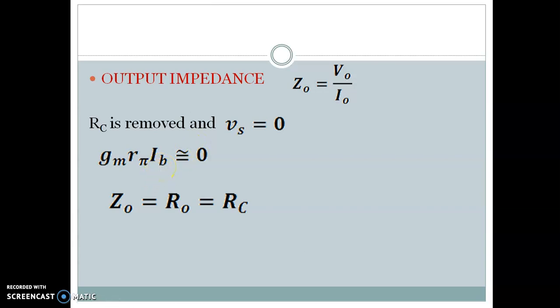Then your collector current, gm V_pi, which is gm r_pi IB, will be approximately 0. So therefore the impedance seen from your output side is going to be infinite. Or if we consider the RC, that is the load resistance together, then your Z0 will be equal to RC.